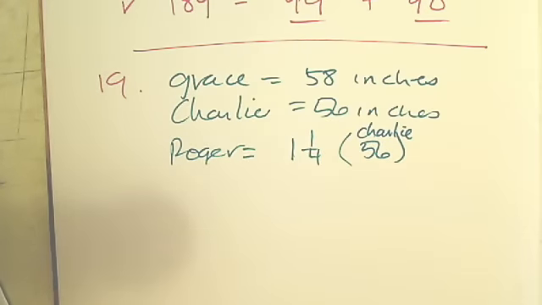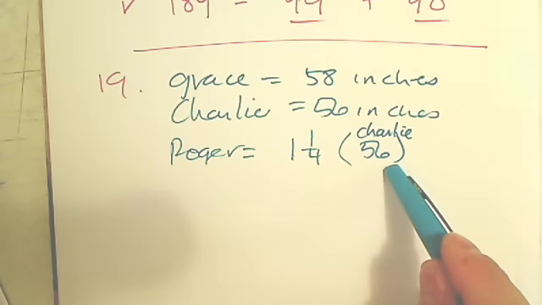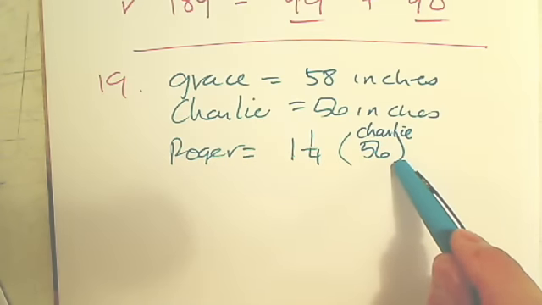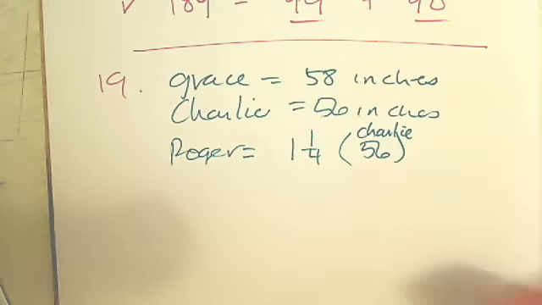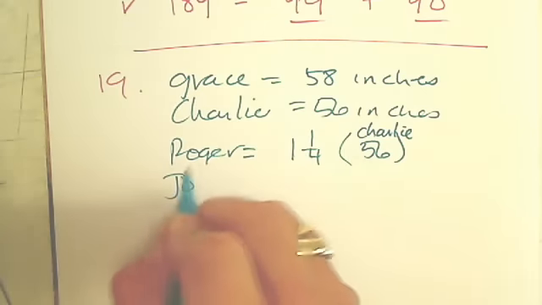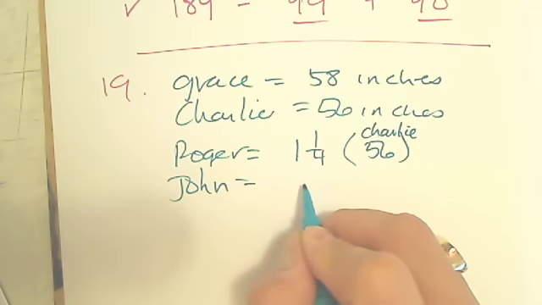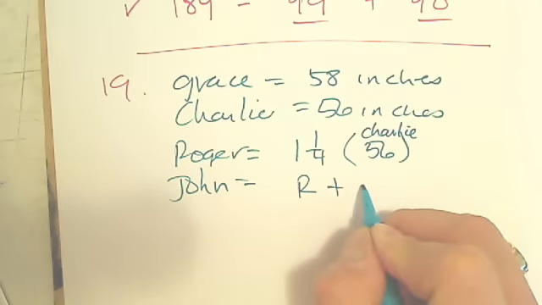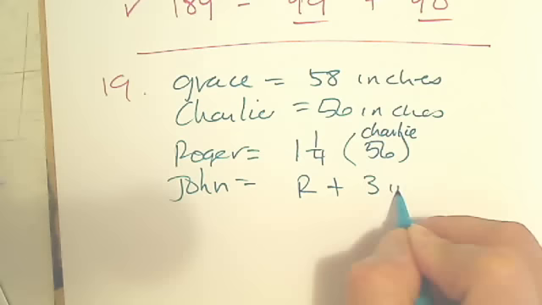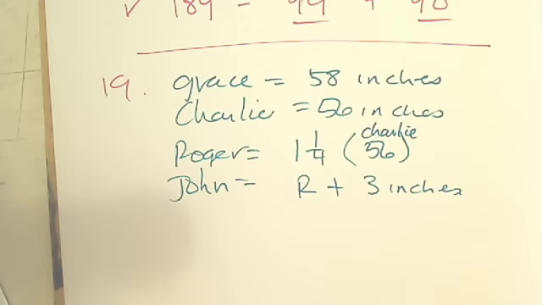And it says in the problem, he's 1 1/4 times as tall as Charlie. Charlie's 56. And then we know that John equals 3 inches taller than Roger. So Roger plus 3 inches. The question says, how tall is John?